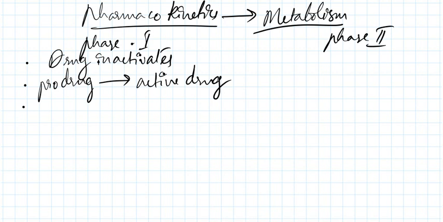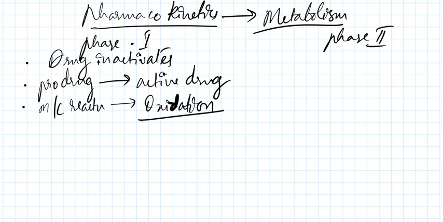Okay, what is the most common reaction in phase 1? The most common reaction is oxidation. Guys, this is a direct MCQ, no doubt in this. Oxidation, the most common reaction in phase 1 metabolism of the drug is oxidation. What are the enzymes? Can anyone tell me? Cytochrome P450.